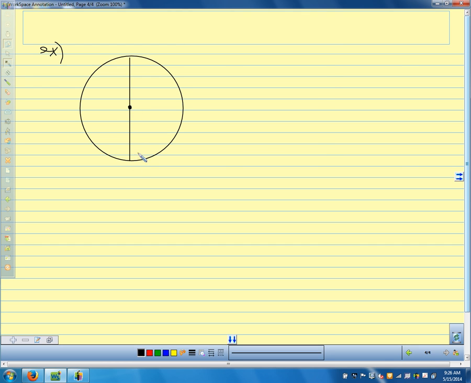All right, so what have I drawn there on my circle? I've drawn a diameter. So I have a chord that goes through the center, a diameter. What's the measure of angle 1?